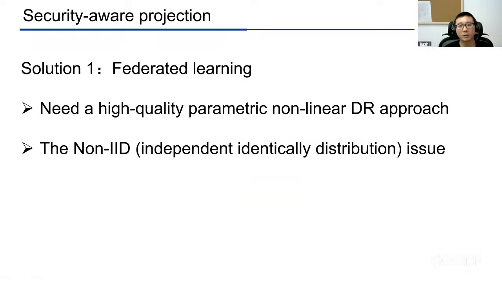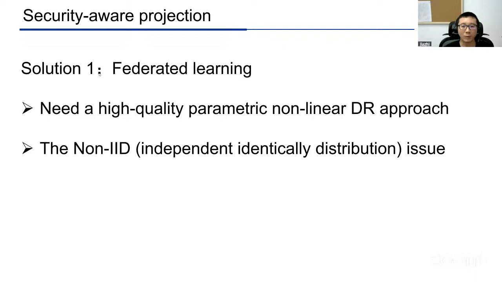The first solution is to adopt federated learning. However, we have not seriously worked on it because there are two issues. The first one, we need a high-quality parametric nonlinear dimensionality reduction approach. When we started to think about this topic, we had not developed the contrastive learning-based approach.